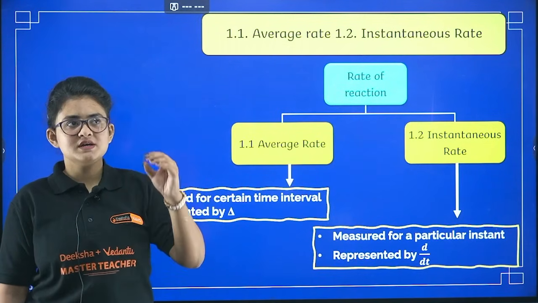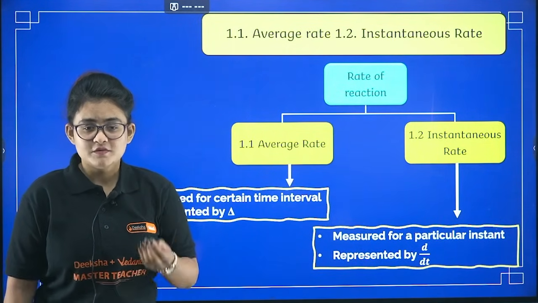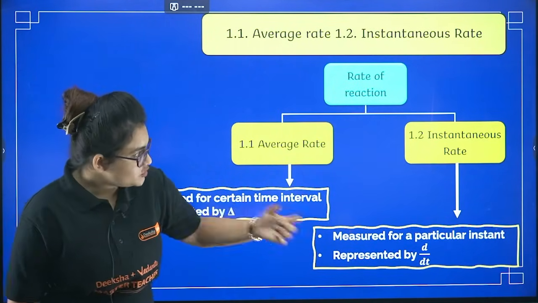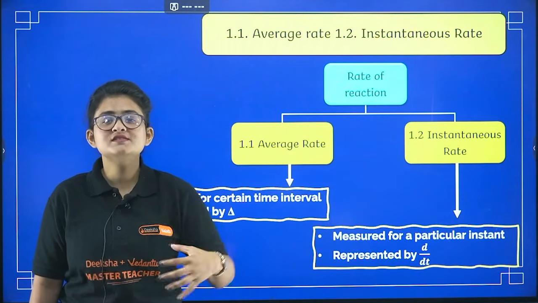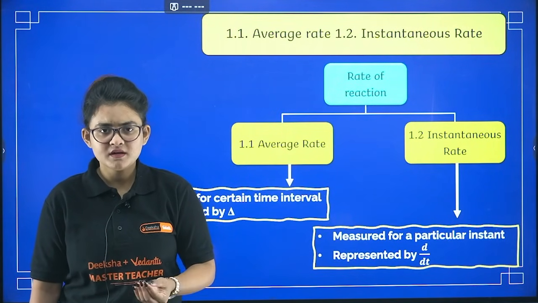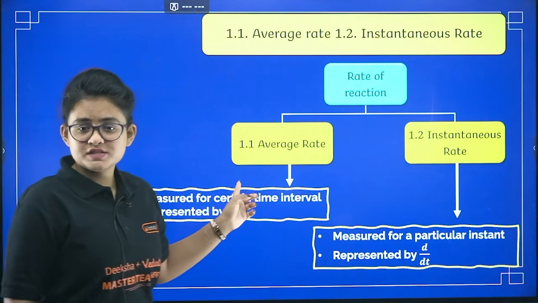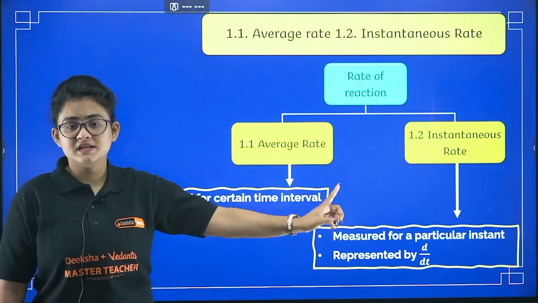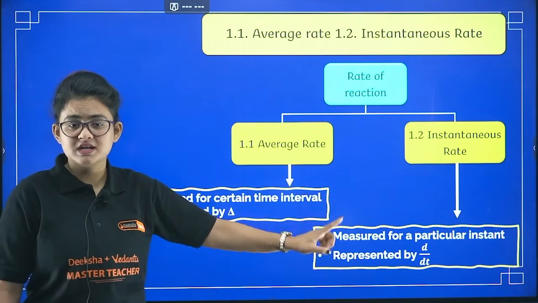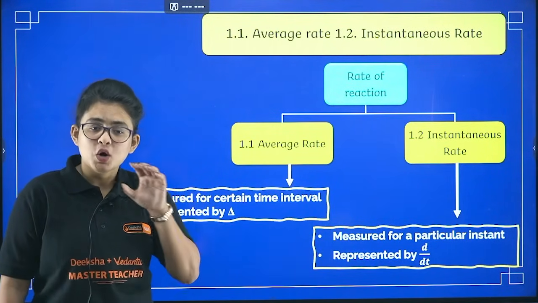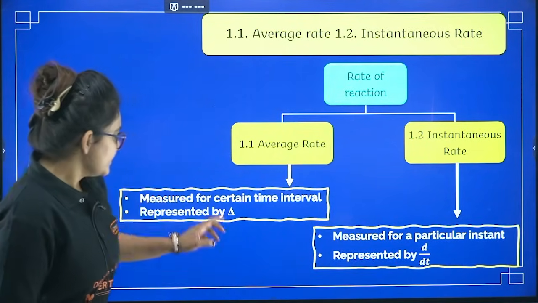Differential change is even smaller than that, a very small change. Why proceed with the instantaneous rate? Because it will give you a more precise value of the rate at a particular instant. I guess you understood the difference between average rate and instantaneous rate. The concept is very important here, and we will proceed with the instantaneous rate, as it gives you a more clarified vision about the rate of a reaction.